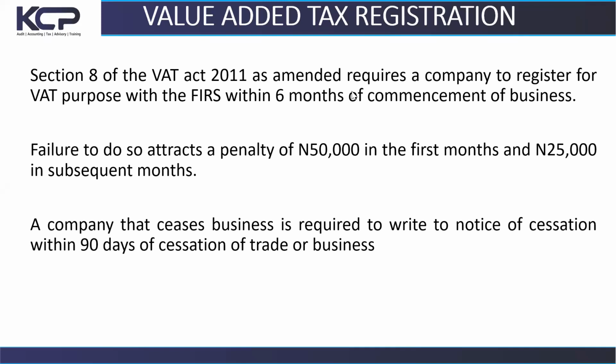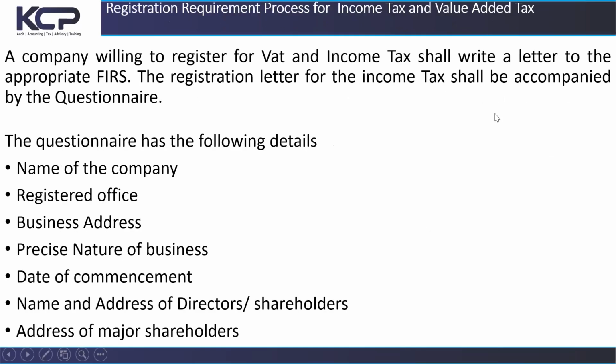All right, so this is just further explaining what we have earlier explained, about when to register with the tax authority, FIRS in question now, for VAT purposes. Just like I emphasized, it is not upon commencement of business, that is a typo in my presentation, but on incorporation.